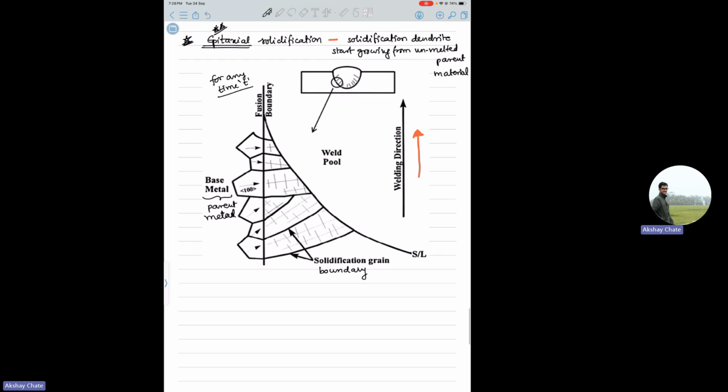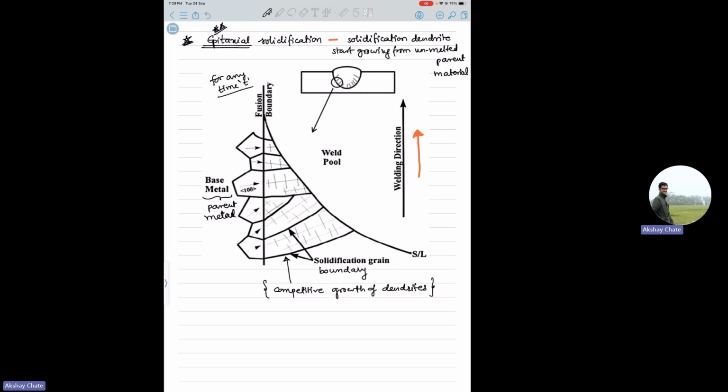The growth starts from the unmelted part, but then there is a competitive growth of dendrites. So epitaxial solidification is also there, and then you have competitive growth.